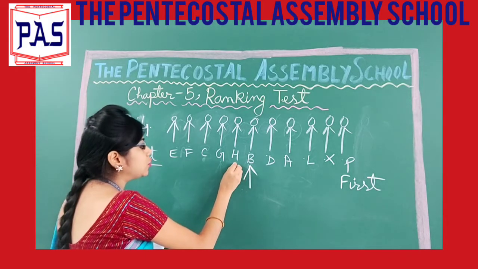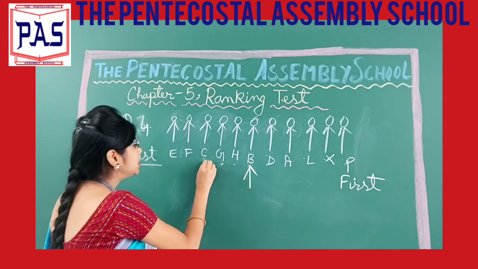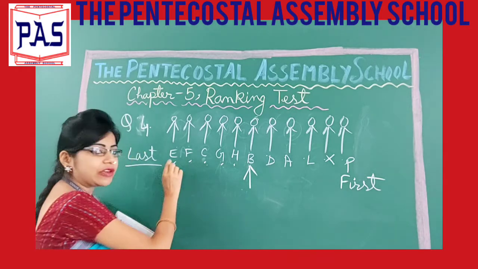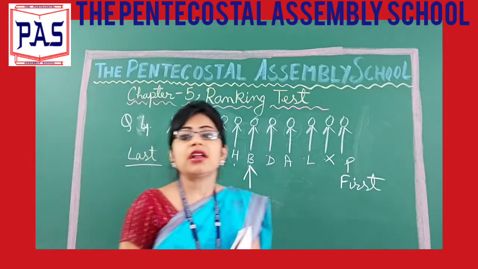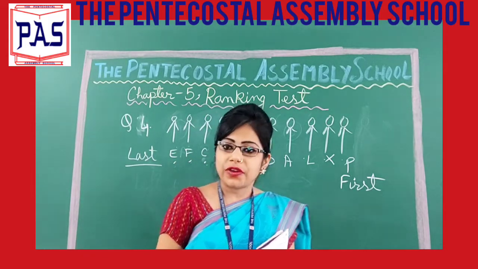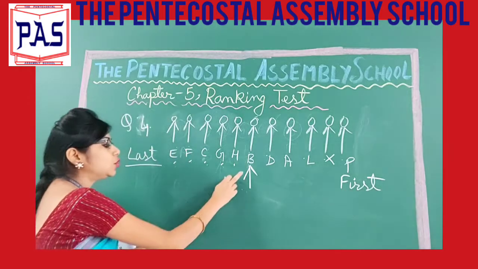You can count soldier H, G, C, F and E: 1, 2, 3, 4 and 5. It means there are 5 soldiers which are behind soldier B.